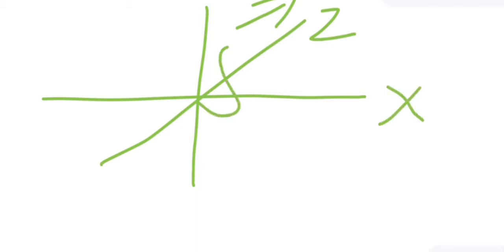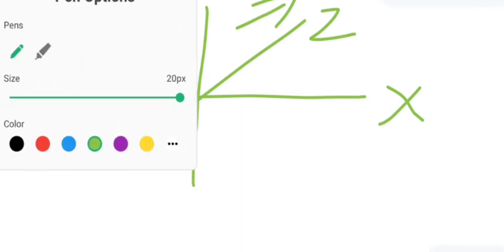Now for example, if the propagation is along the z-axis, in this direction, and the electric field is, let's say, along the x-axis. Sorry, let me draw with another color.